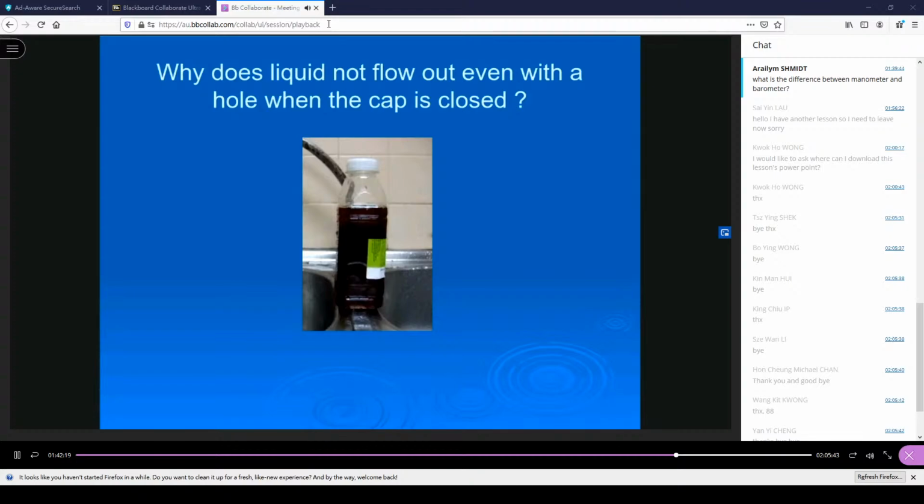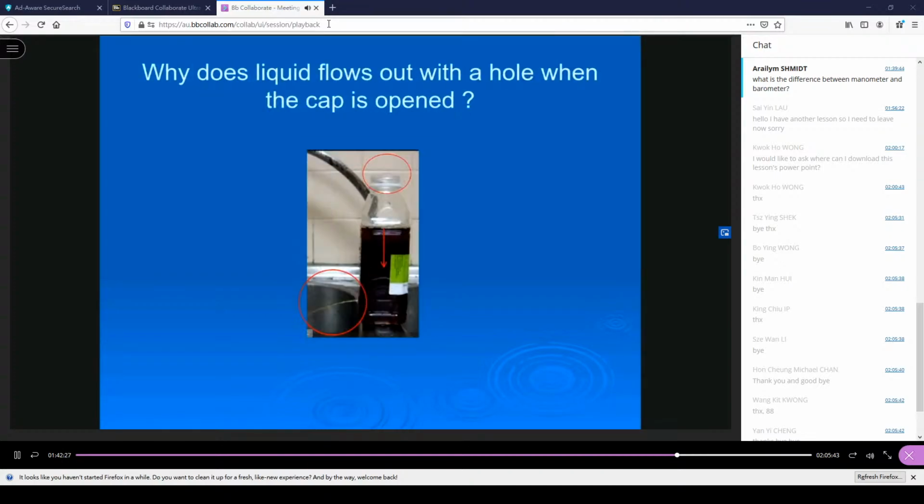First of all, why does the liquid come out if we don't have the cap? If we don't have the cap on, then the pressure at this point equals ρgh, excluding atmospheric pressure.